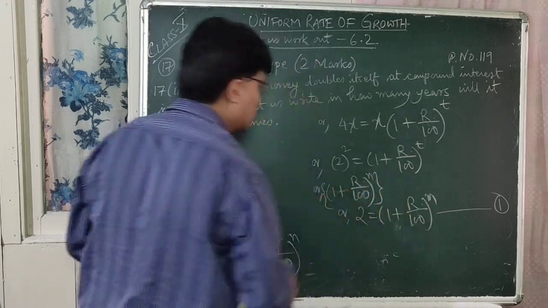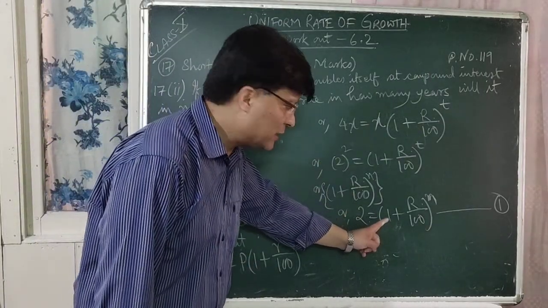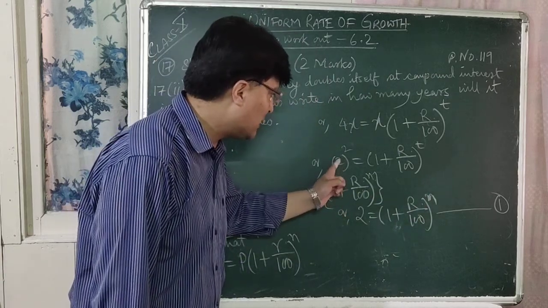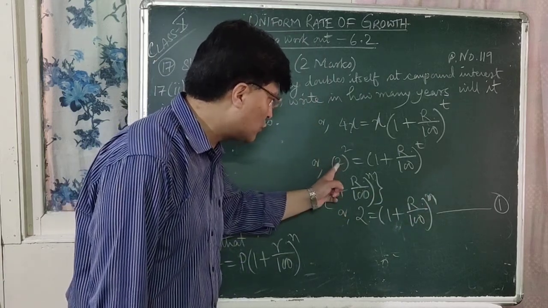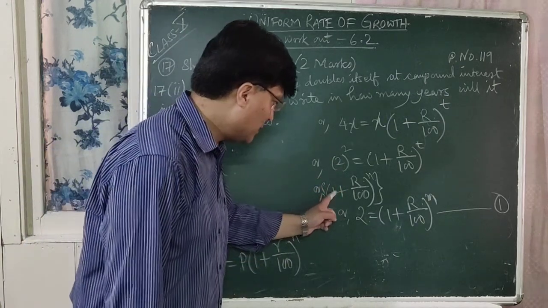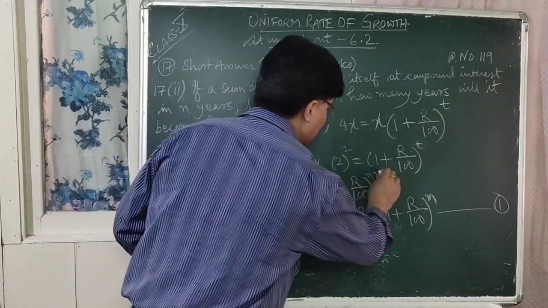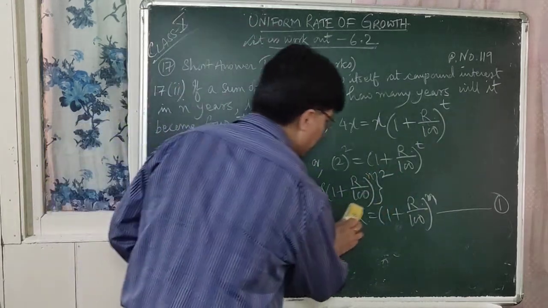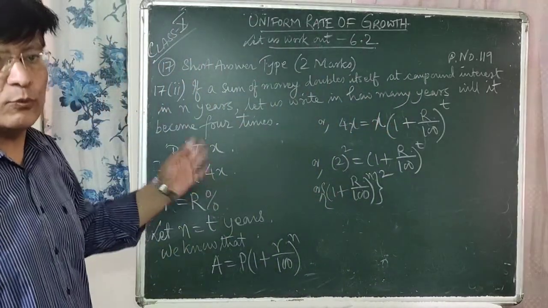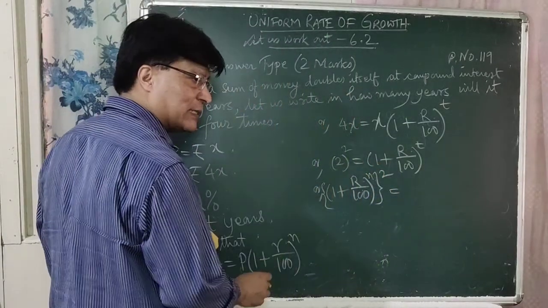So let us write this way. This is the value for only 2, right? What is the value for 2 from here? It is 1 plus R upon 100 whole to the power n. Second bracket close, whole square, isn't it? So we have written here the value for 2 from 1, and the right hand side is kept as it is.